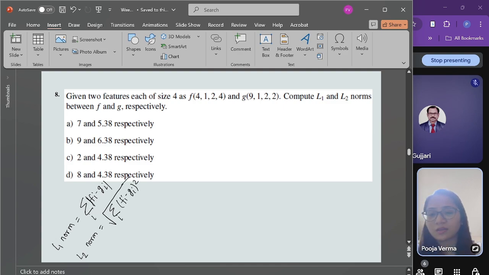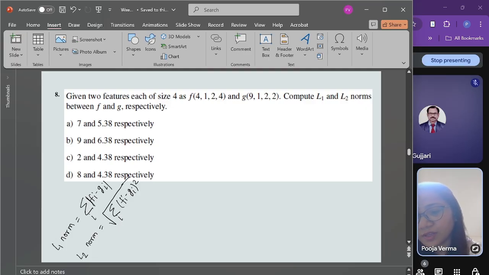So these are the formulas to calculate the L1 and L2 norms between the two feature vectors F and G. L1 is the sum of absolute differences, and L2 is the square root of the sum of squared differences.